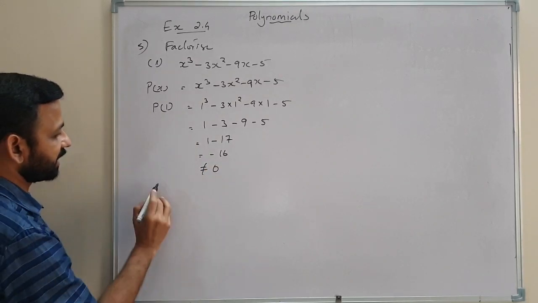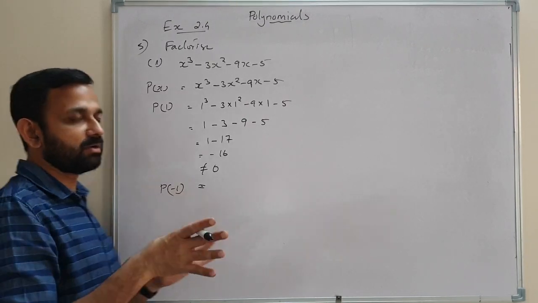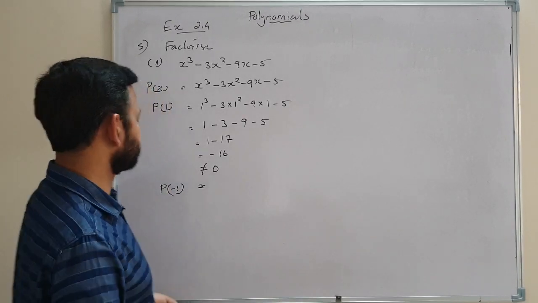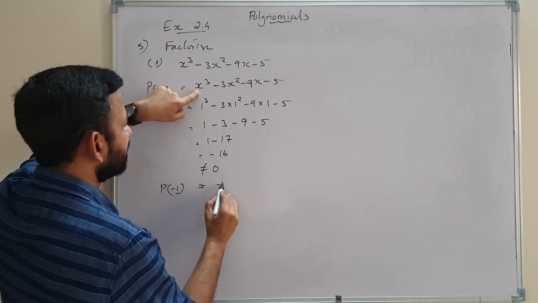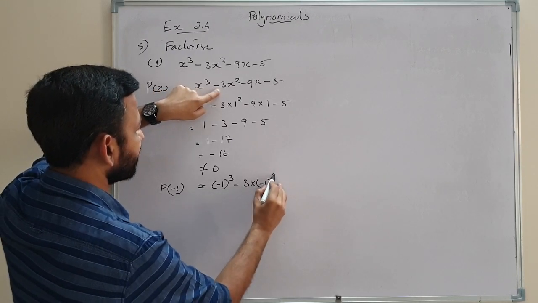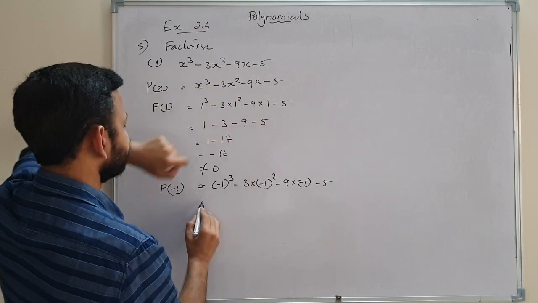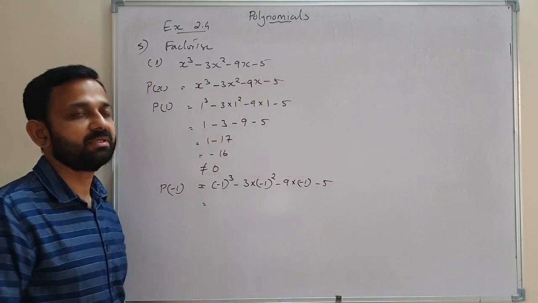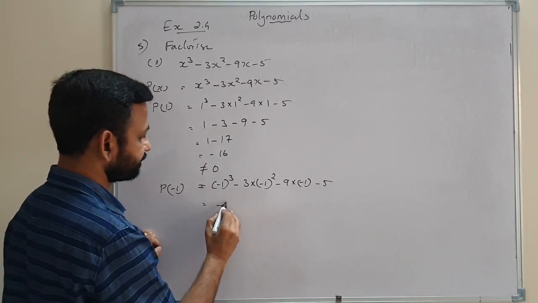So we will try with p of minus 1. If p of 1 not equal to 0, then find p of minus 1. Replace x by minus 1: minus 1 raised to the power 3, minus 3 into minus 1 square, minus 9 into minus 1, minus 5. Minus 1 raised to an odd power is minus 1 only.